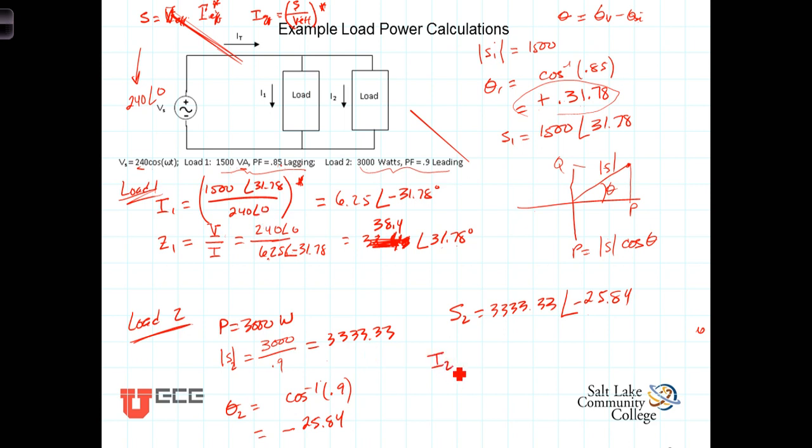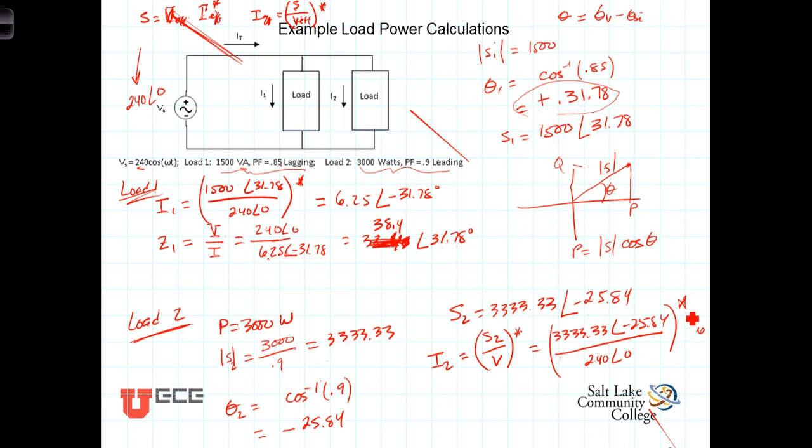So we now have S2, and as we did for load 1, we can now calculate I2. I2 is equal to S2 divided by V conjugate, which is equal to 3333.33 angle negative 25.84 divided by V, which was 240 angle 0, and we've got to conjugate that.